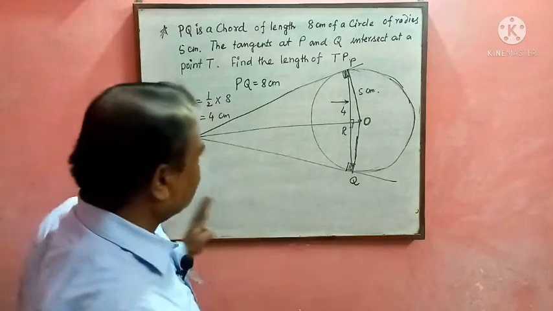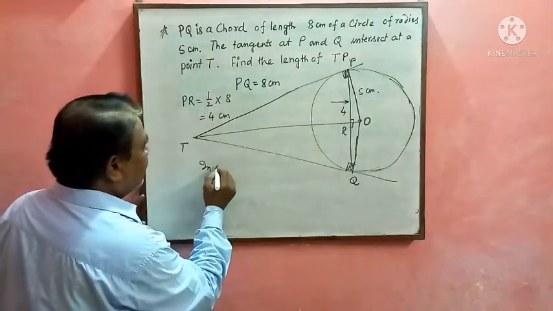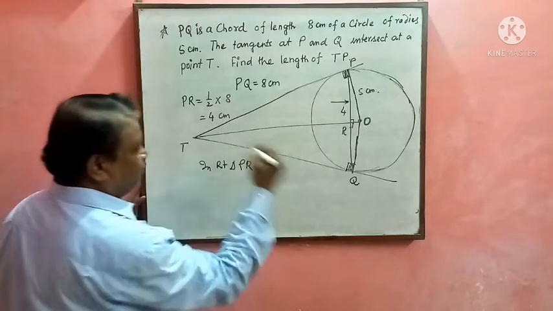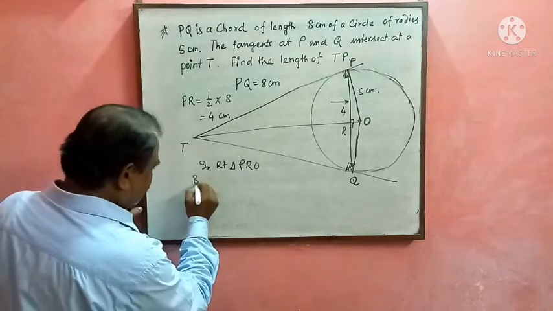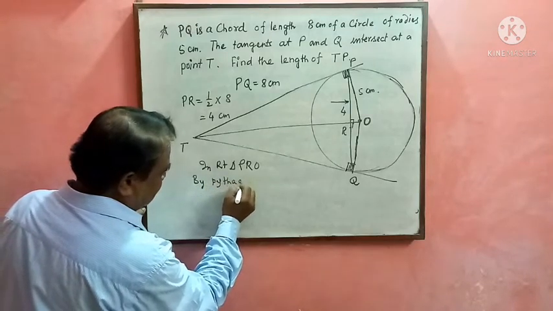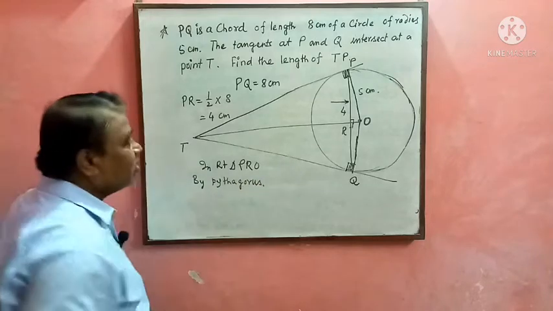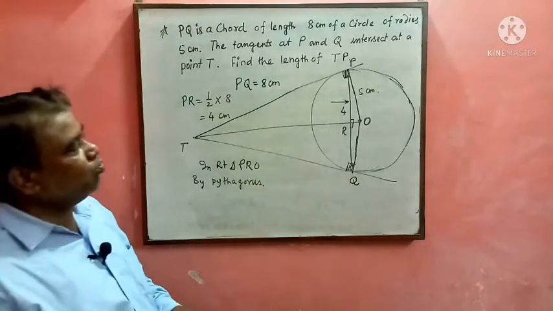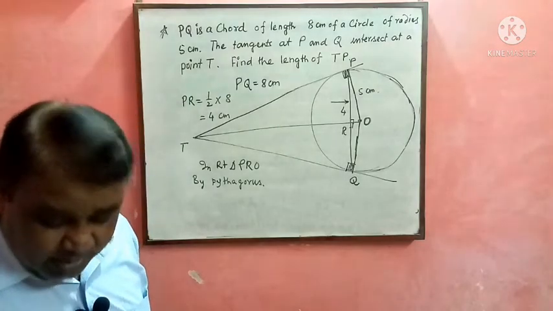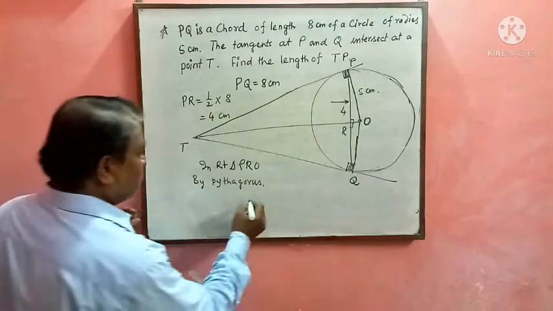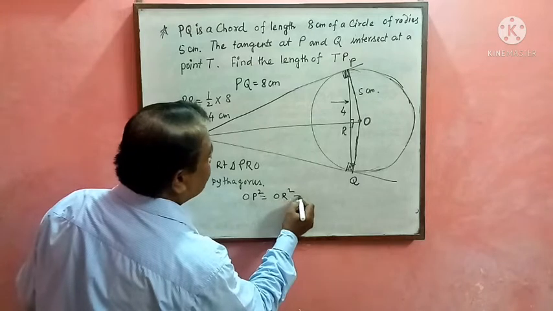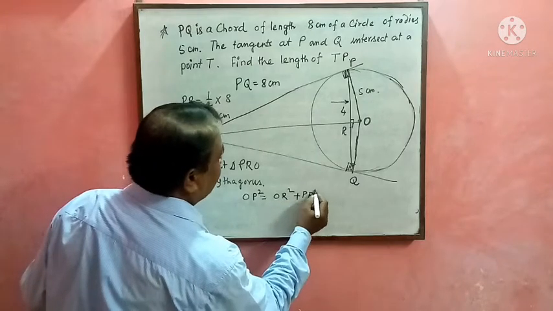But don't bother about that. In right triangle PRO by Pythagoras, what we have, OP square is equal to PR square plus OR square. OP square is equal to OR square plus PR square.